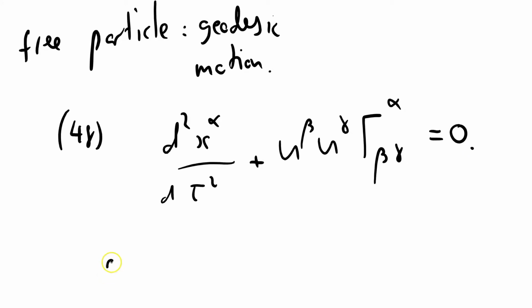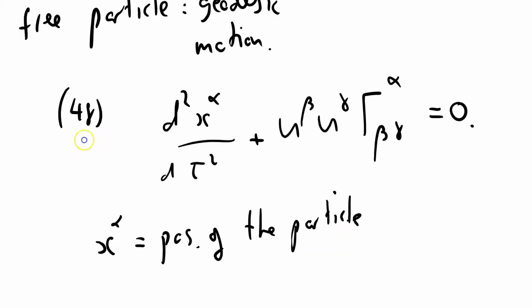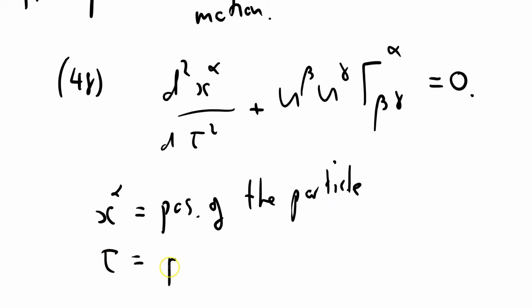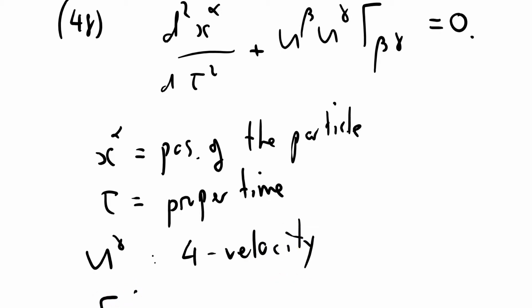Here, x alpha equals the position of the particle, tau equals proper time, u gamma is the 4 velocity, and this is the Christoffel symbol.